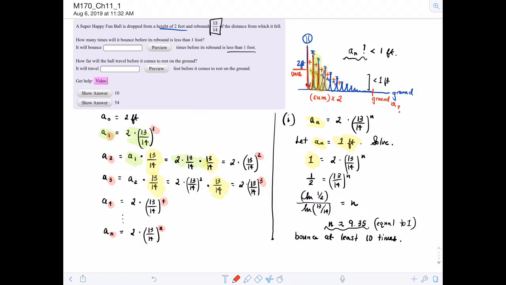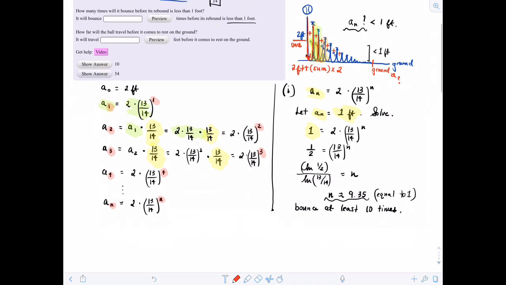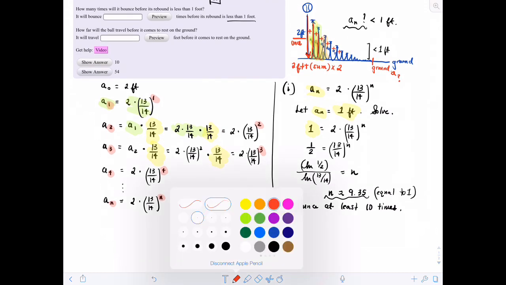But then because it only bounced once at 2 feet, we'll just add 2 feet to it at the end. So it's actually simple, but just thinking about it in a deeper sense is going to be the challenging part. But once we do that, now we can go ahead and calculate it.